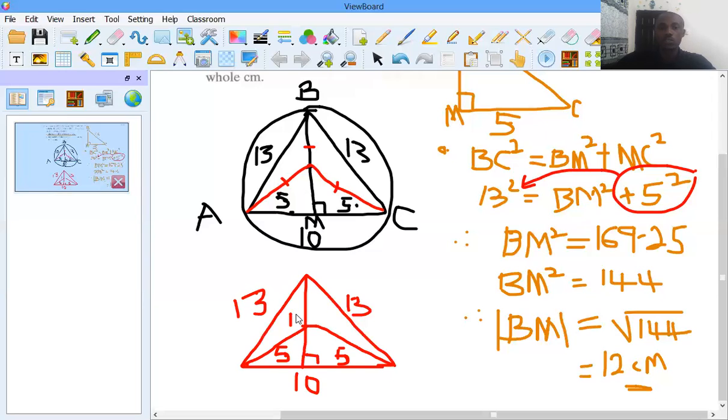I said this length is equal to this length is equal to this length. So we have 3 isosceles triangles in this single triangle, with the main isosceles triangle 4.